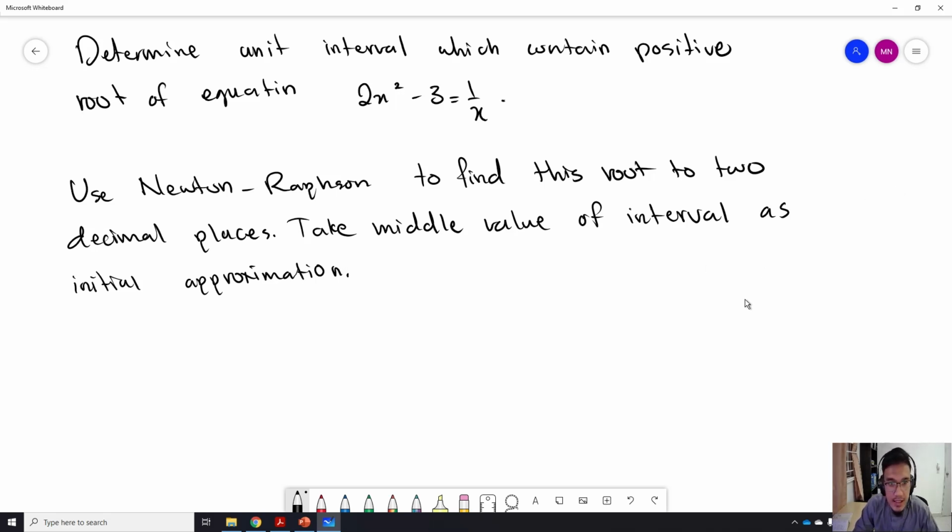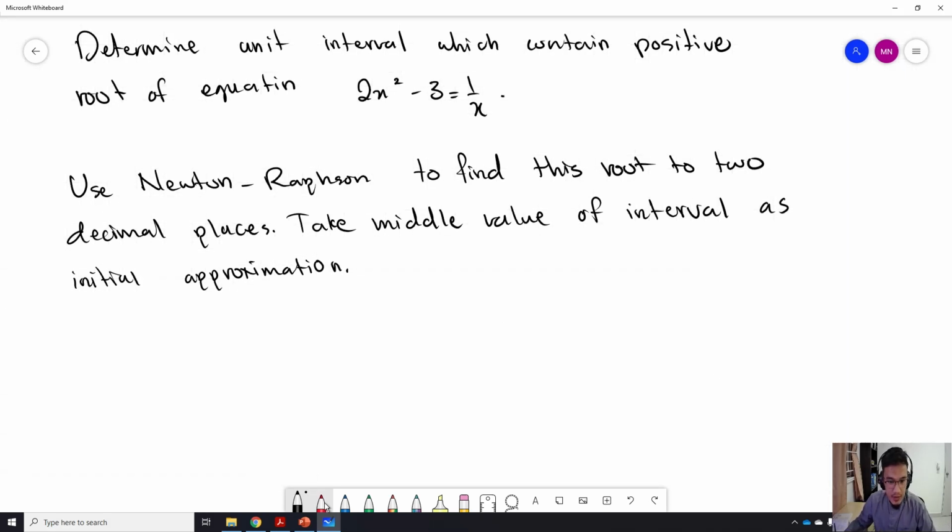This relates to the previous section that we have learned. By using trial and error, we have f(x) equal to 2x squared minus 3 minus 1 over x, equal to 0.